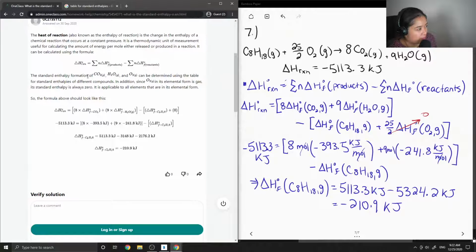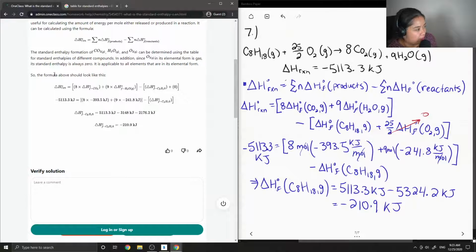Standard enthalpy formation of CO2, H2O, and oxygen can be determined using the table for standard enthalpies of different compounds. In addition, since oxygen is in its elemental form, which is the gas, its standard enthalpy is always 0. So it is applicable to all elements that are in its elemental form.